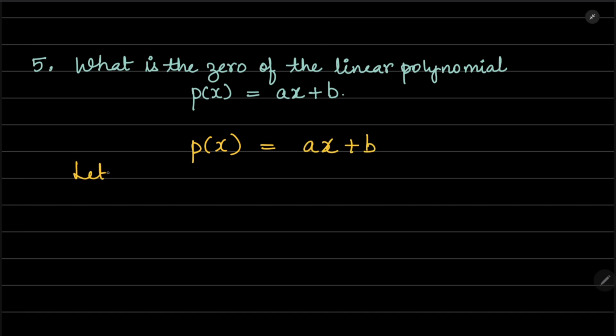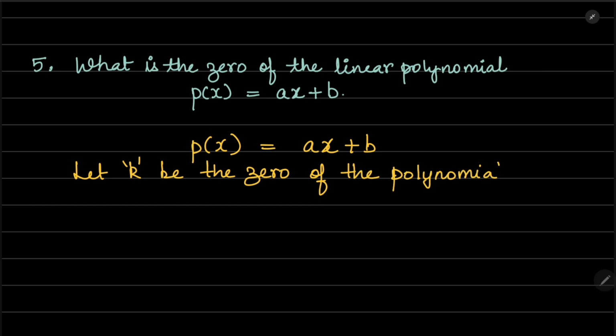Let k be the 0 of the polynomial. So what is P of k? P of k will be equal to 0, right?